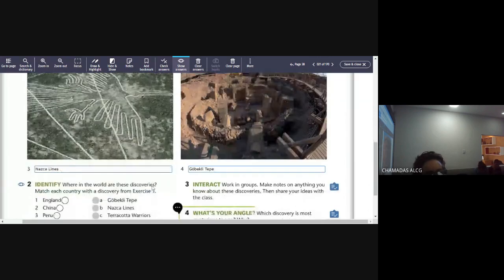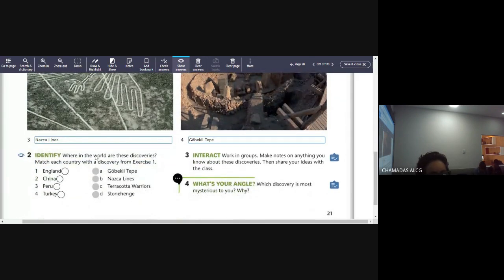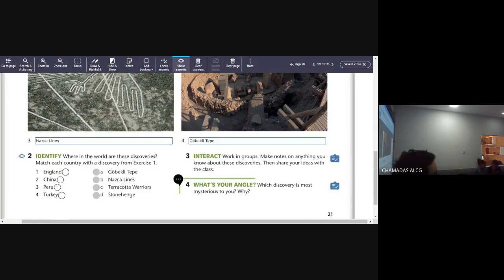So now we should try to match the discoveries to the countries where they are. Let's see if you know. Where in the world are these discoveries? Match each country with a discovery from exercise number 1. England.